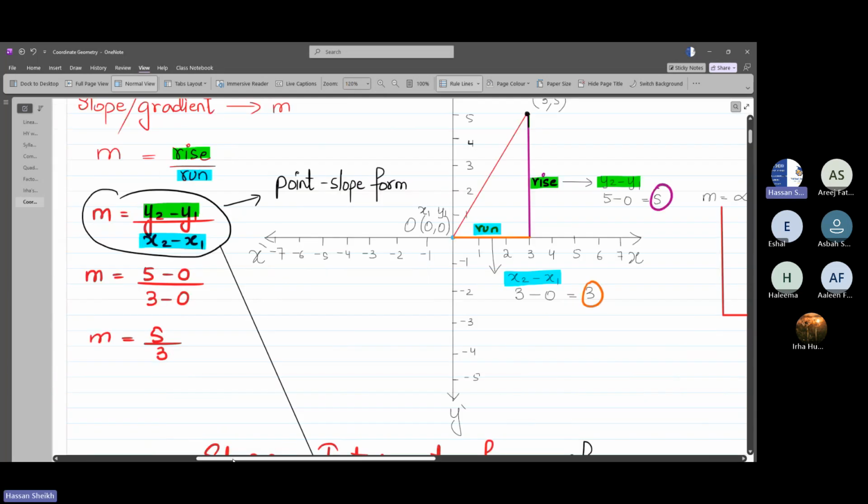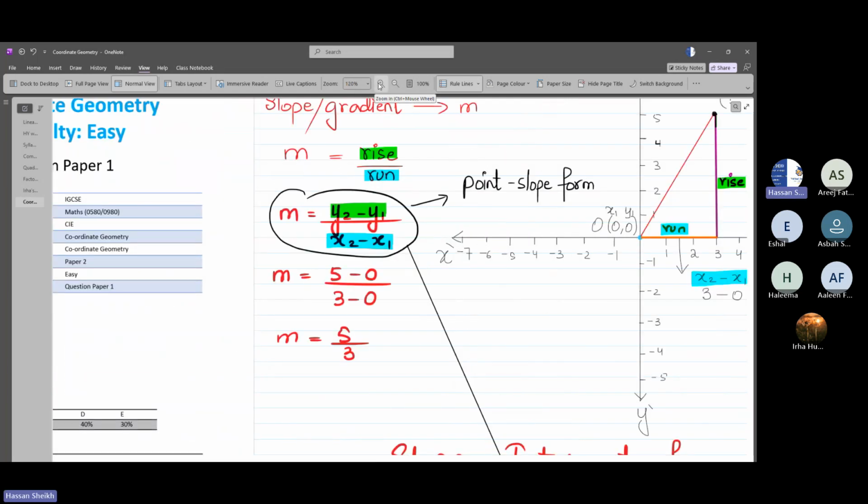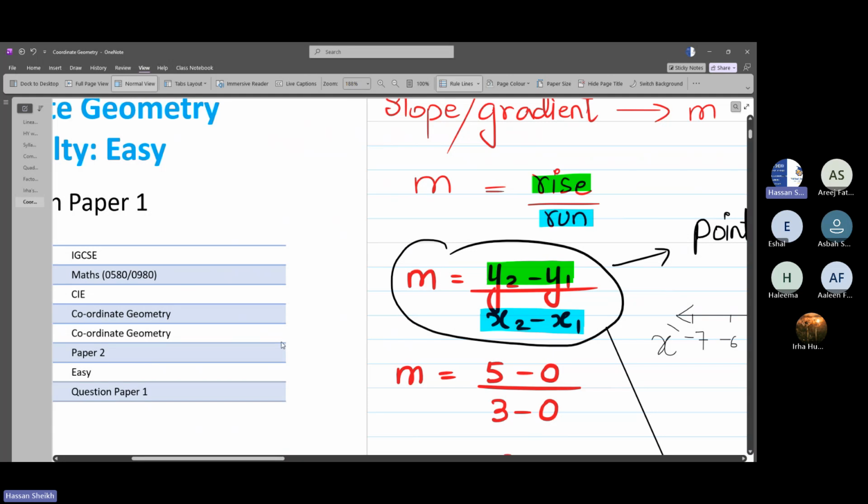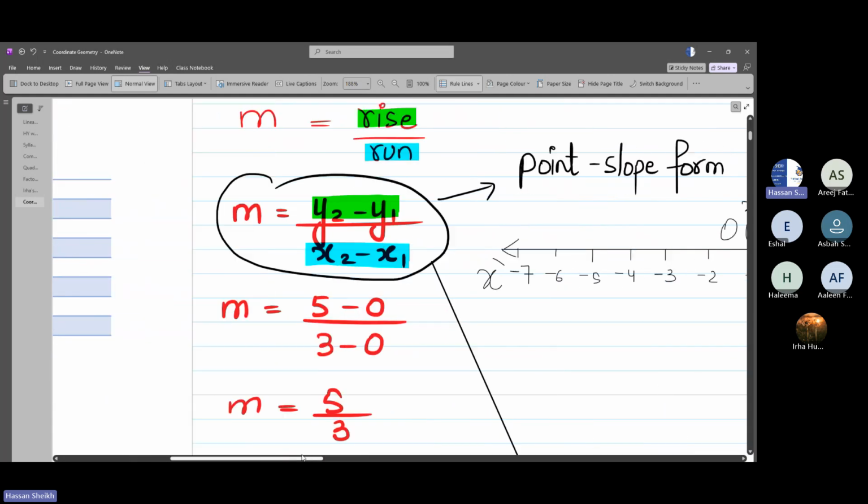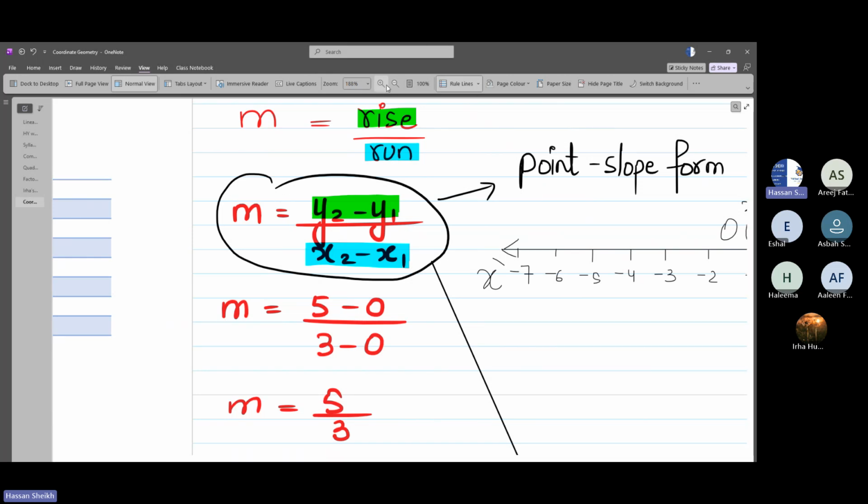Exactly. So the lower grade formula, which was rise over run, now in IGCSE turns into (y2 minus y1) over (x2 minus x1), because y2 minus y1 means rise and x2 minus x1 means run.